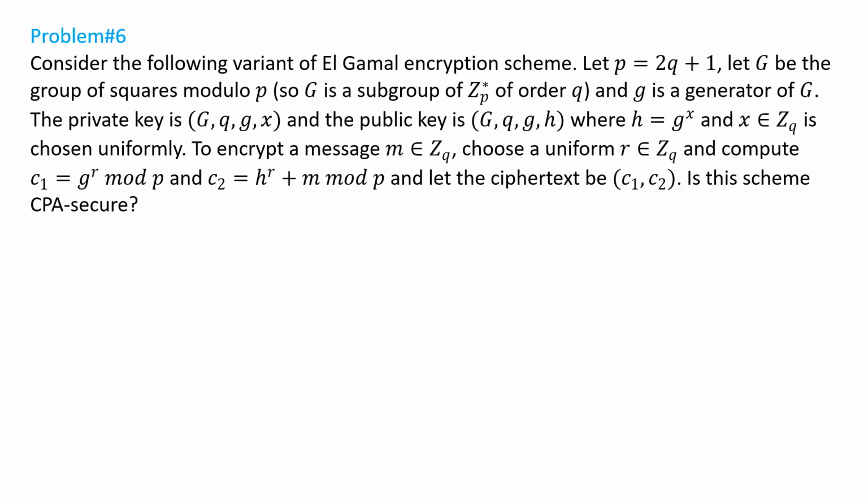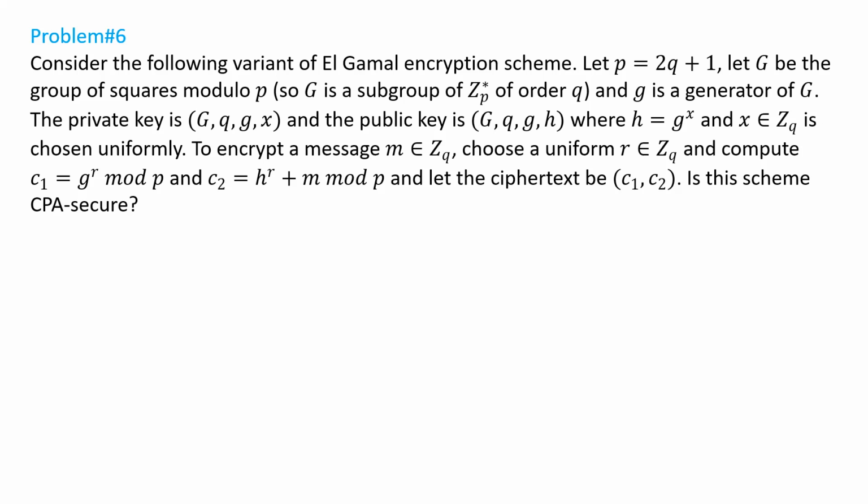To encrypt a message M belonging to Zq, choose a uniform r belonging to Zq and compute C1 equal to g to the power r mod P and C2 equal to h to the power r plus M mod P. Let the ciphertext be C1, C2. Is this scheme CPA secure or not?